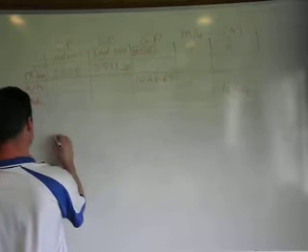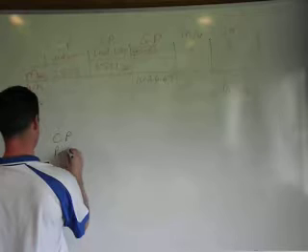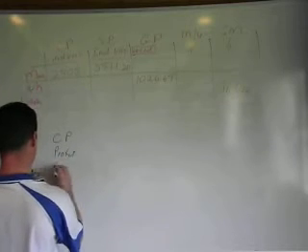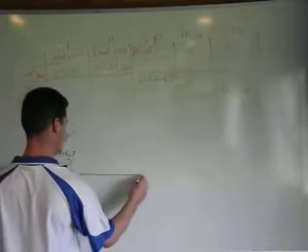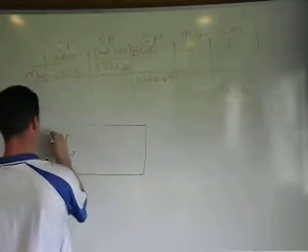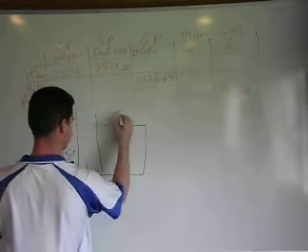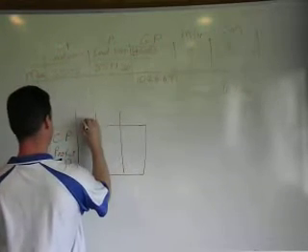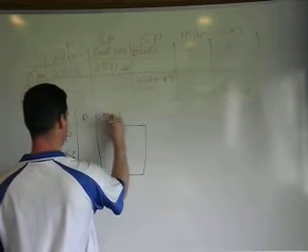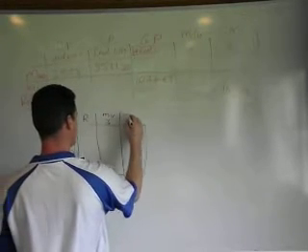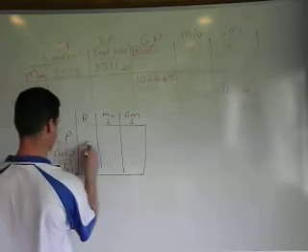So I've got my cost price, I've got my profit, and I've got my selling price. Here I've got my rand value, here I've got my markup percentage, and here I've got my gross margin percentage.